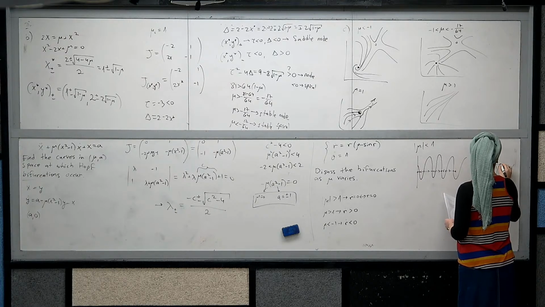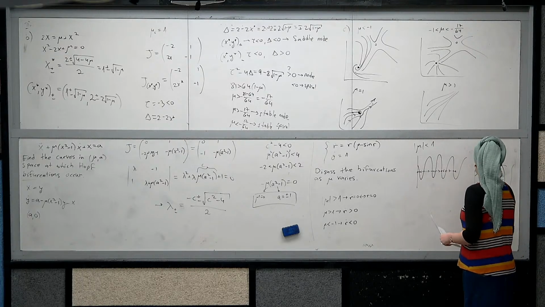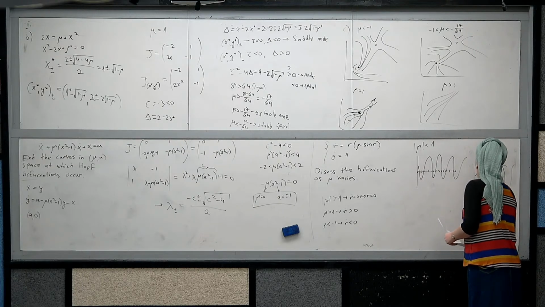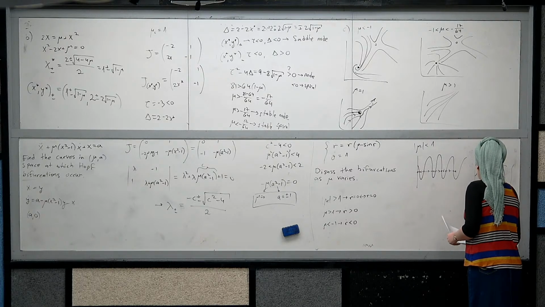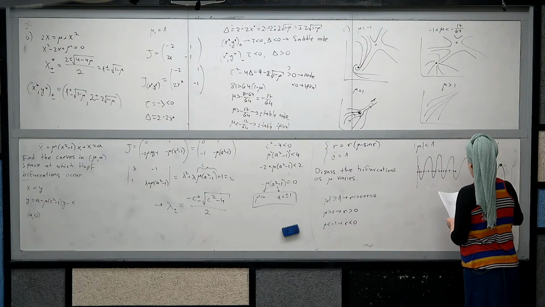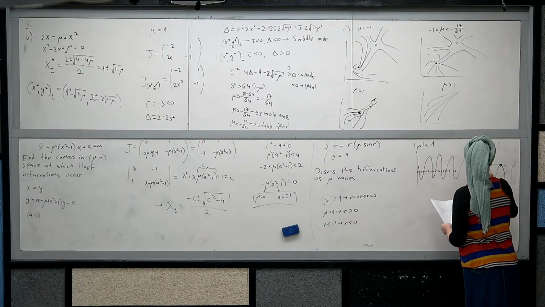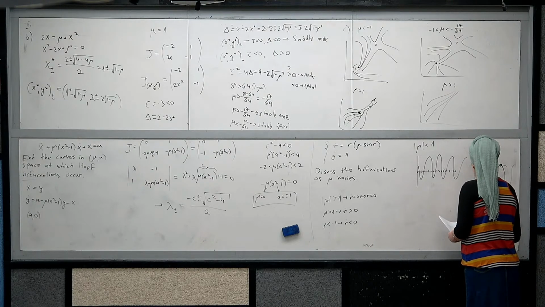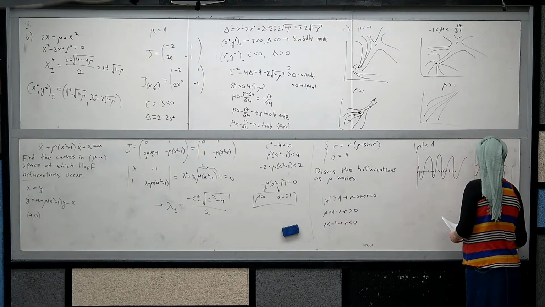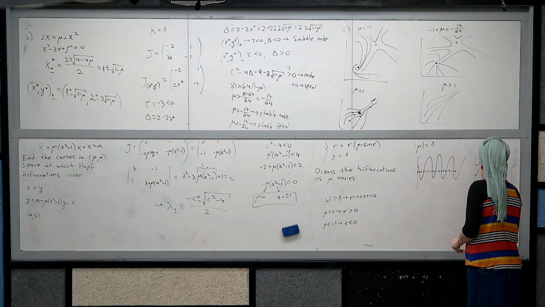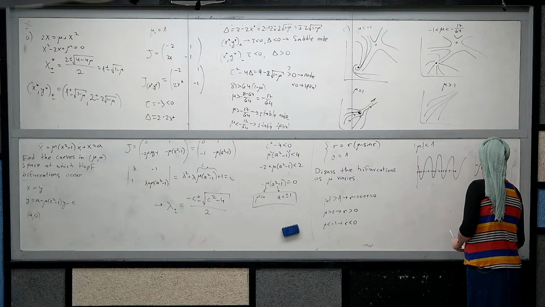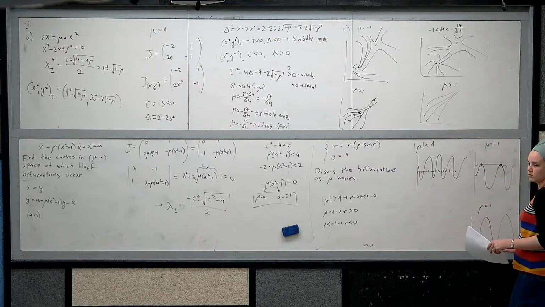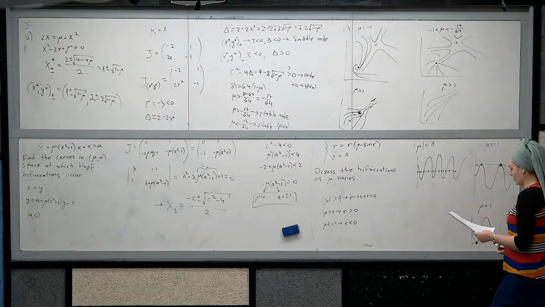And from mu equal 1 we have the opposite. And here we have it like this.